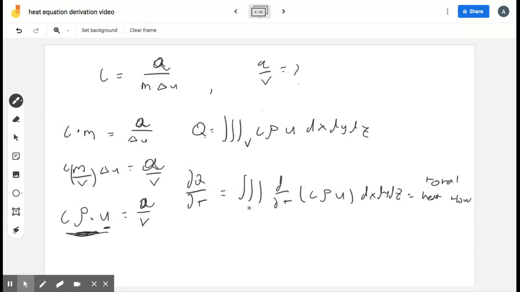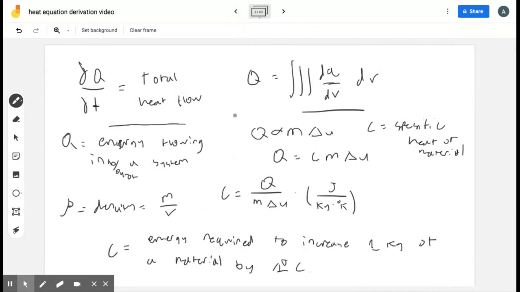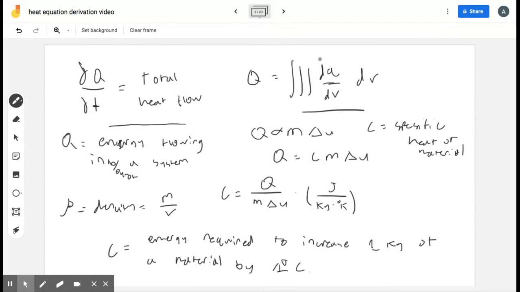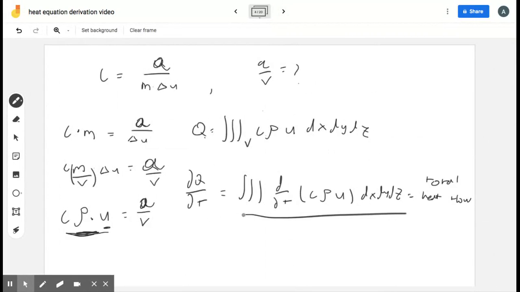And now we can finally make the equation. We can set this equal to this. So I'll circle this right here.